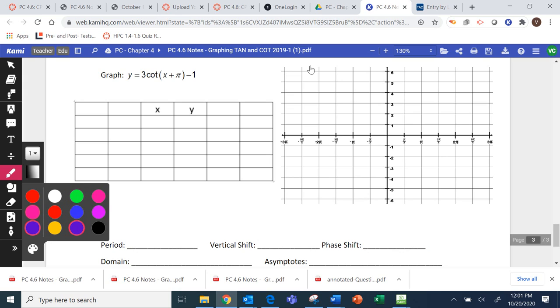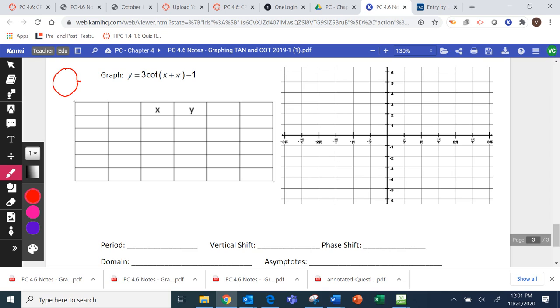See, cotangent is going to use 0 to pi. And knowing these is going to be so helpful in the next section. So 0 to pi, and that makes the middle of it pi over 2.